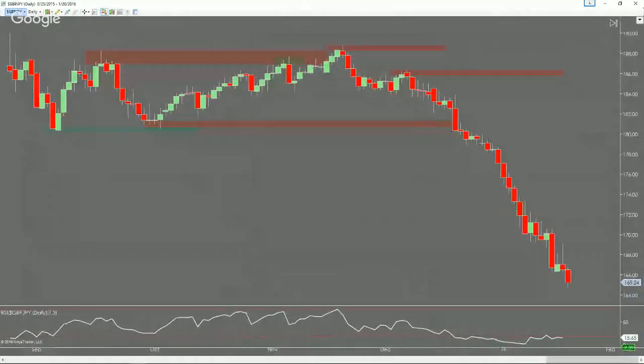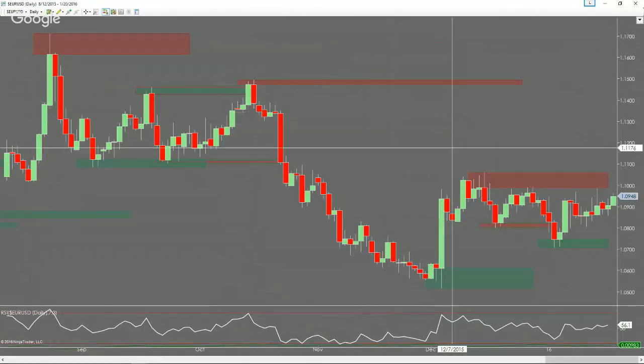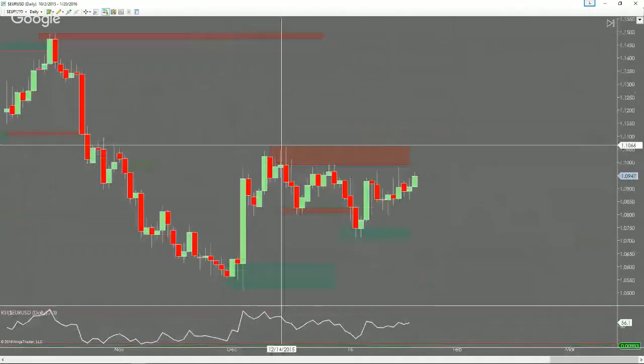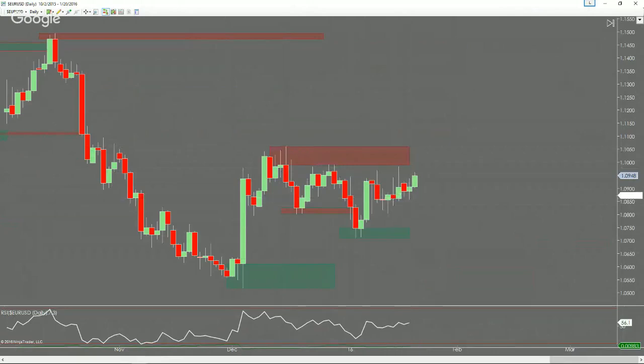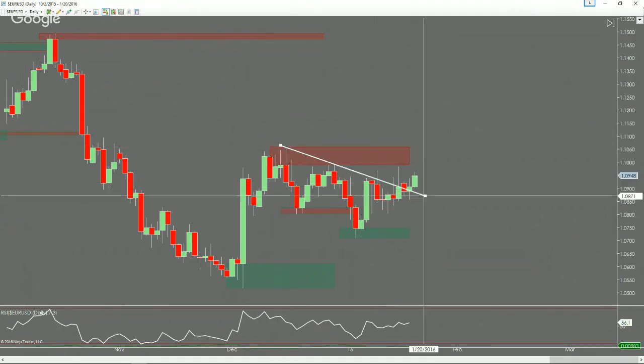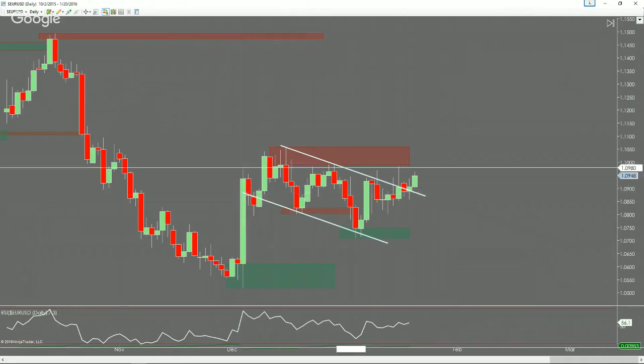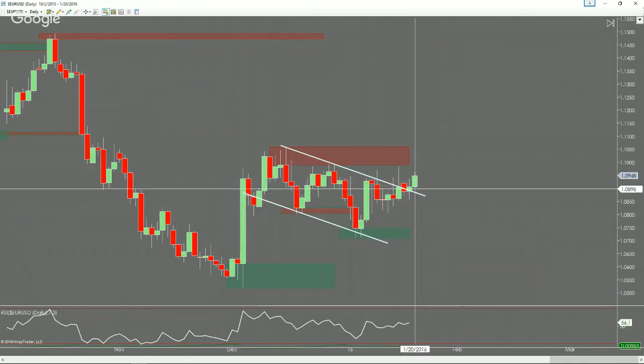Let's start with Euro dollar. Euro dollar is still in that same range that we were looking at throughout the week, but it did go a little bit above it right here.